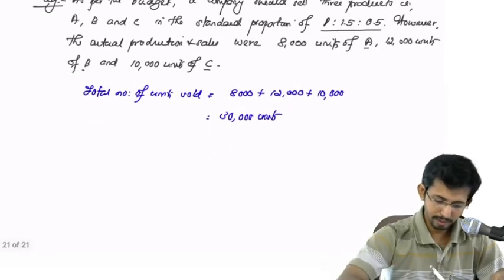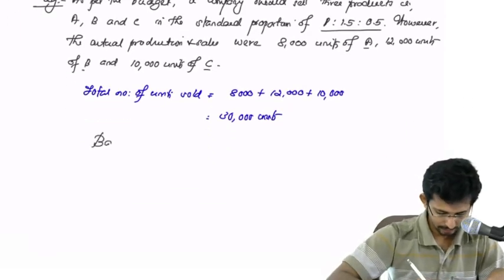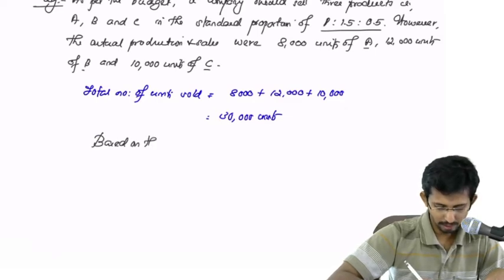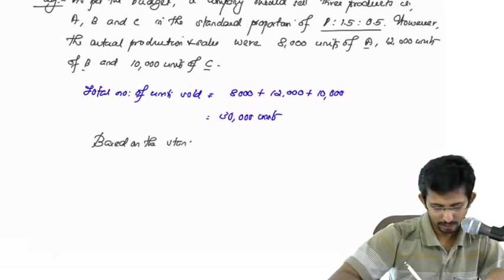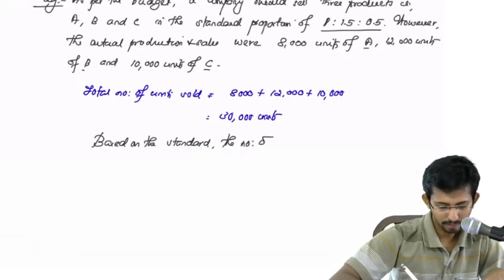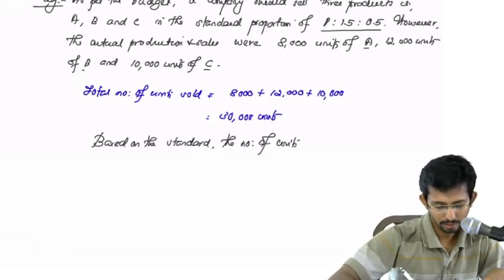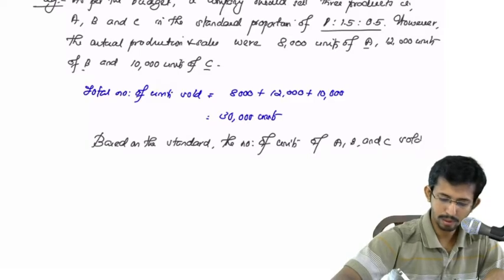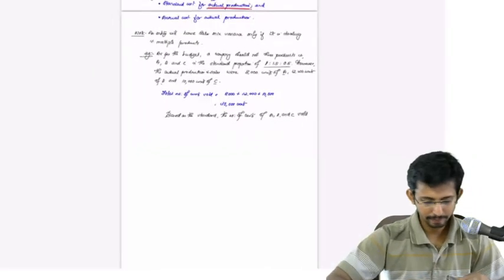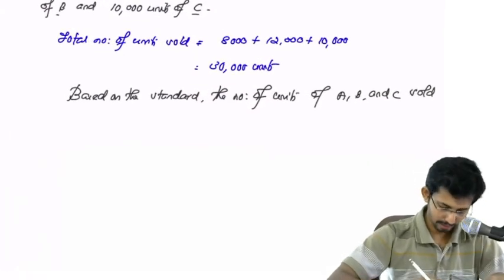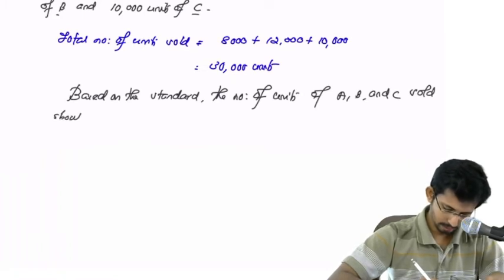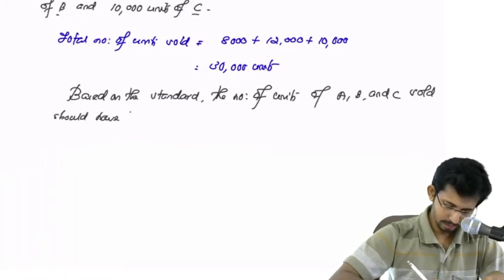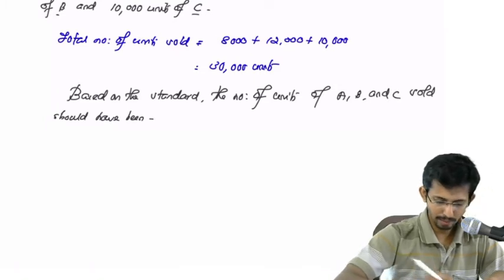So based on the standard, the number of units of A, B, and C sold should have been, what would be the formula?